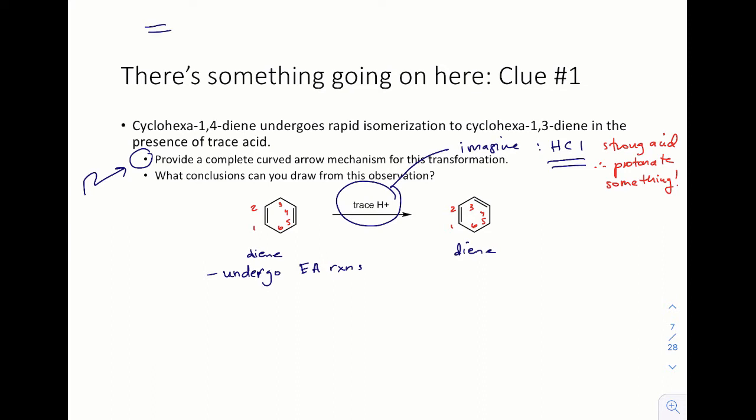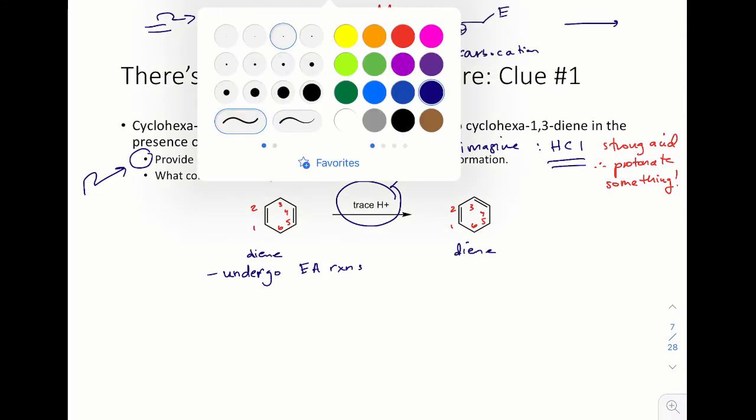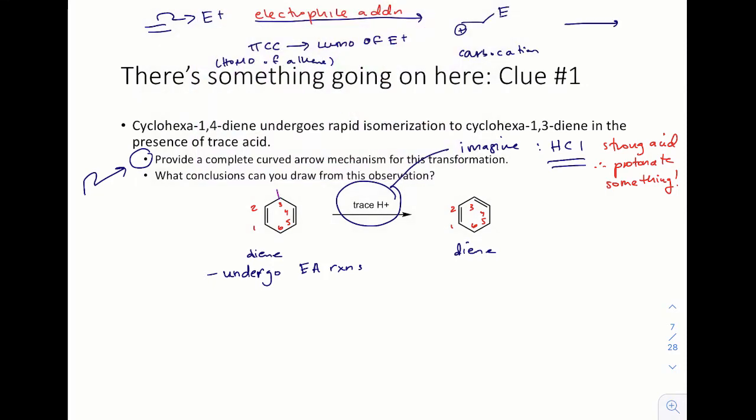Recall that electrophilic addition reactions occur when some electrophile accepts the electrons in the pi-CC orbital. Before we start the mechanism, let's try one more technique, which is to identify what bonds are made and broken from the starting materials to the products.